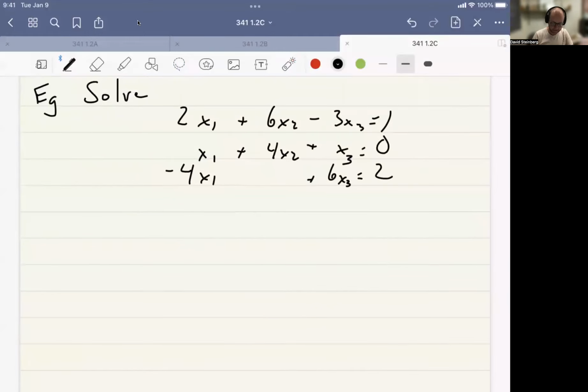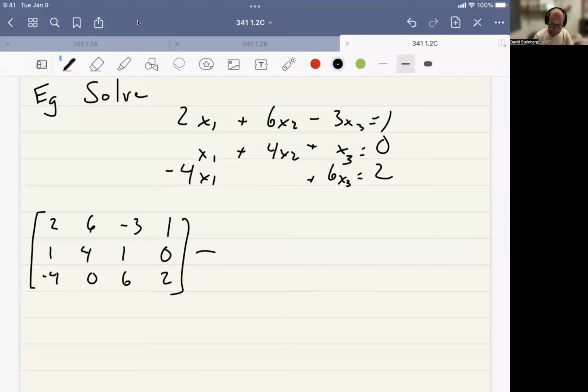Okay, and once again, the more comfortable we're getting with row operations, the more compact I'm going to make the notation. So maybe let's try seeing how compact we can make it. So we get our augmented matrix 2, 6, -3, 1, 1, 4, 1, 0. Oops, let's give ourselves a little more space, separate our rows and columns. -4, 0, 6, 2.